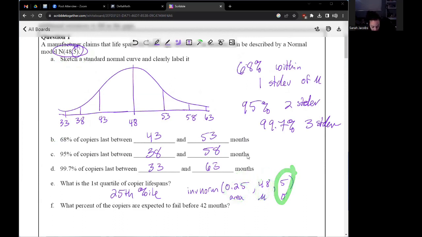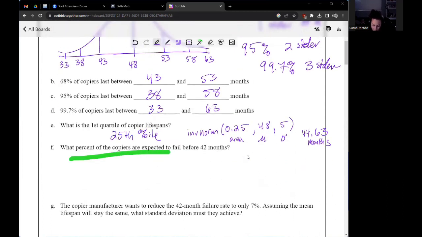And when we plug that in, we get a value of 44.63. And we're talking about copier lifespan, so this should be 44.63 months. A little less than 4 years. Okay. All right. Now, what percent?